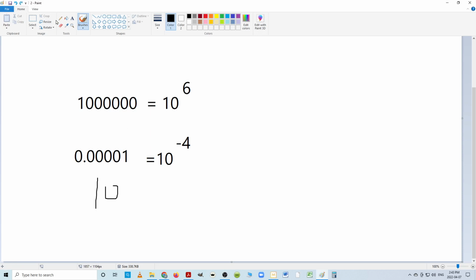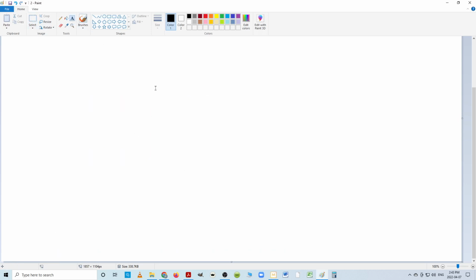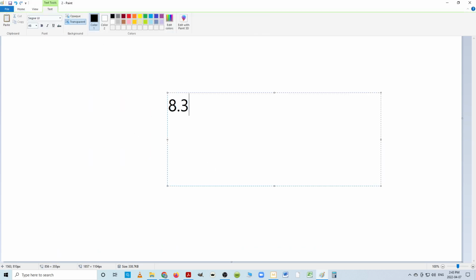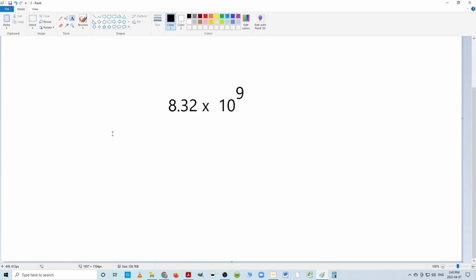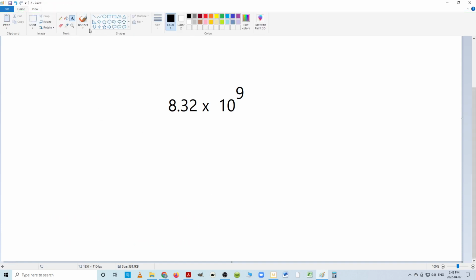So obviously when you're dealing with things like atoms, you don't want to put down 1,000,000,000 atoms. You're going to say, okay, I have 8.32 times 10 to the power of 9 atoms, which means 8.32 billion atoms. Because 10 to the power of 6 is 1,000,000, so 10 to the power of 9 is 1 billion. And you're going to write it like this. And earthquakes work like this as well. An earthquake magnitude of 9, they just focus on this.